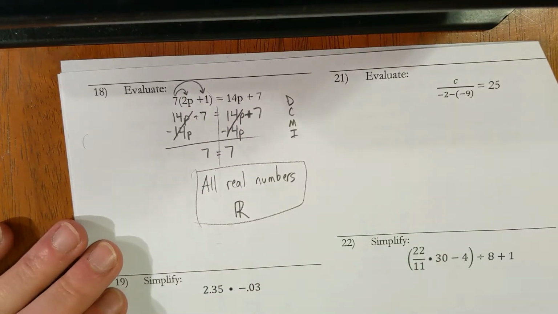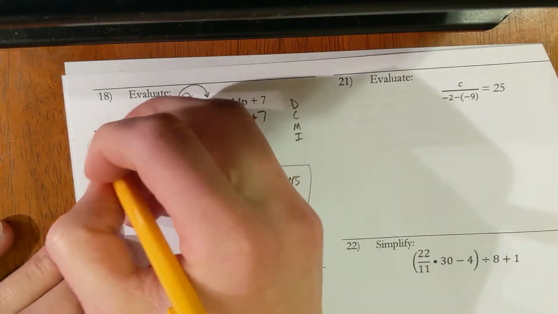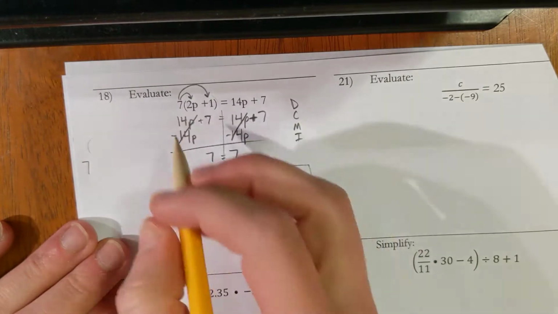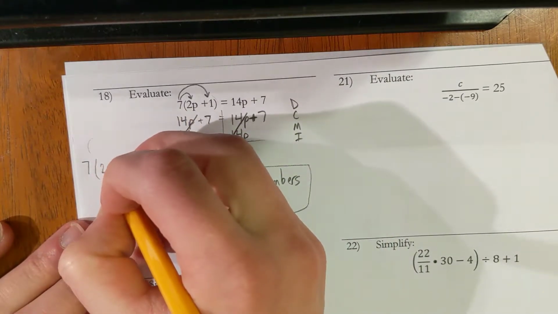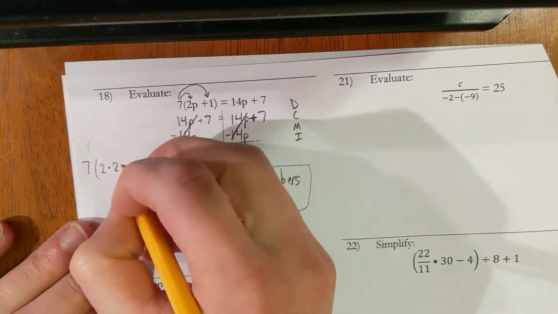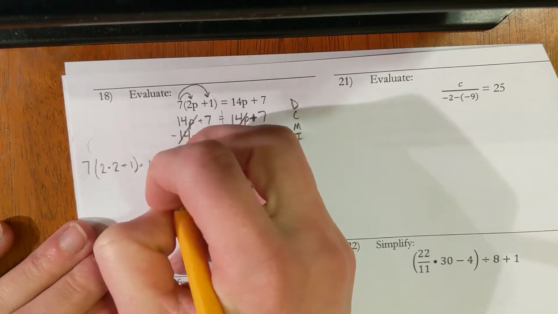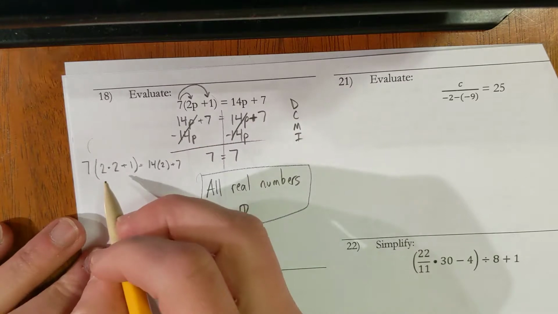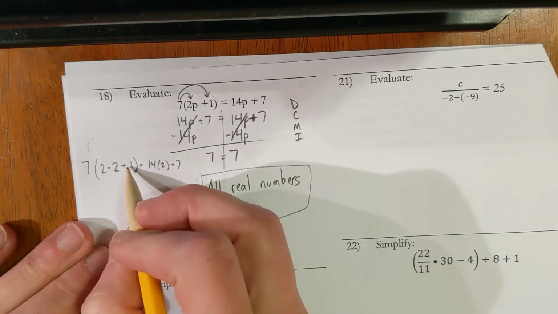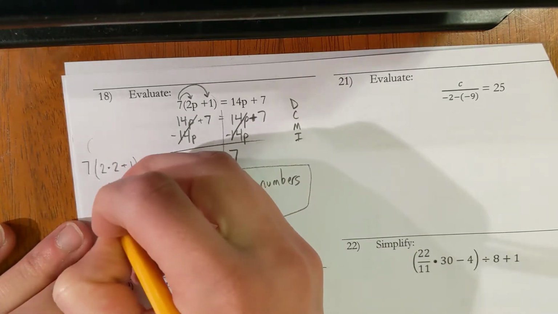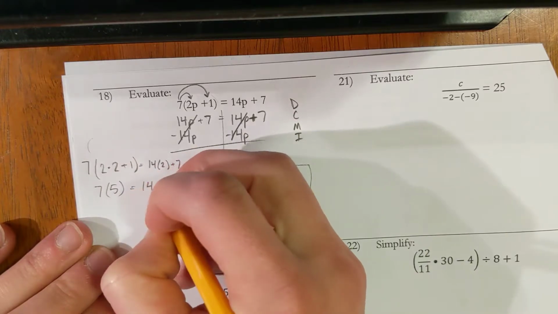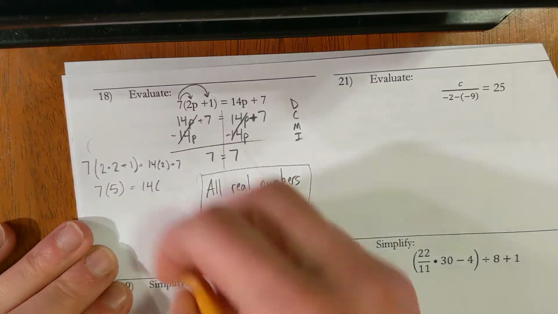So let's just try real quick. Let's try plugging in 2. If I plug it in, I'm going to rewrite everything, but instead of the p, I'm going to write a 2. Plus 1 is equal to 14 times 2 plus 7. All right, here we go. So 2 times 2 is 4, plus 1 is 5. 14 times 2 is 28.